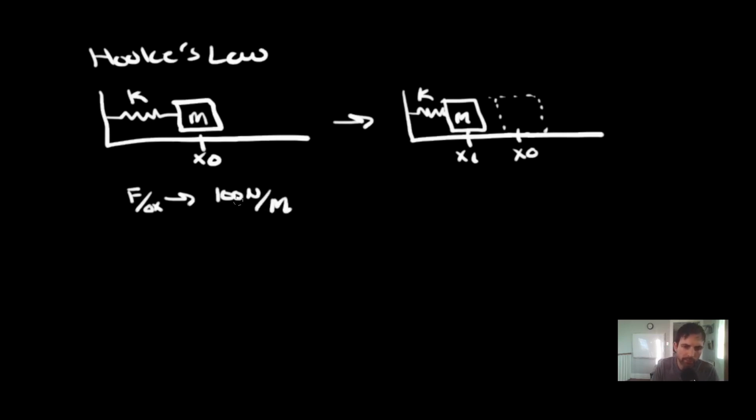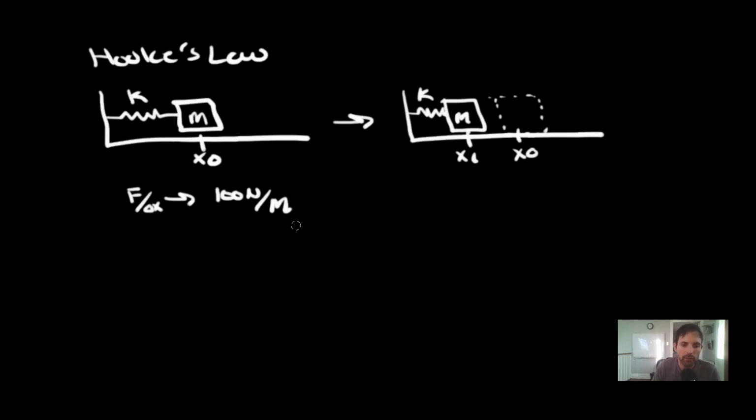What that means is every meter it supplies 100 newtons of force. So if I go 2 meters, it's 200 newtons of force, and that's along the compressible length of a spring. Or if you have a tension spring, it's the exact same thing. If you expand it and the spring constant's 100 newtons per meter, then every meter adds 100 newtons of force.